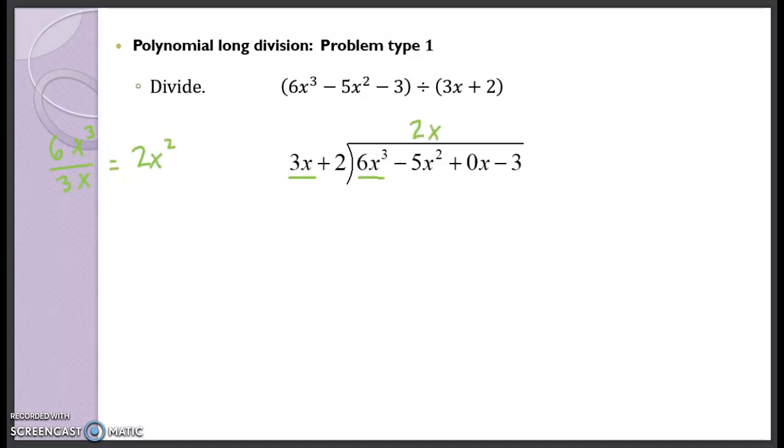That 2x squared goes up here. Now 2x squared times 3x is 6x cubed, which is what we wanted. And then 2x squared times 2 is 4x squared.